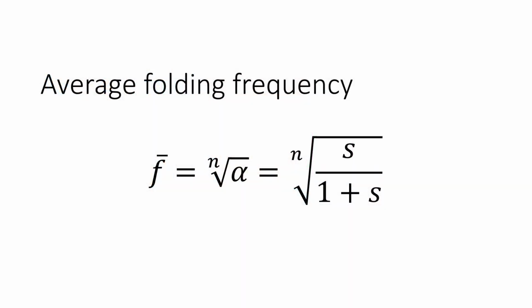And so what we can do is calculate the average folding frequency and use that as a guide moving forward. So the average folding frequency, in order to make the EV of bluffing precisely 0, is equal to the nth root of alpha, or the nth root of the bet size divided by 1 plus the bet size.